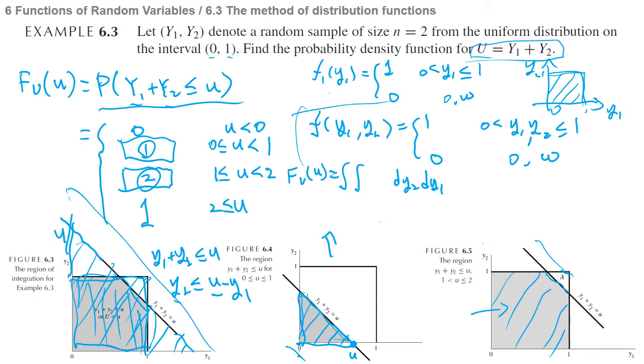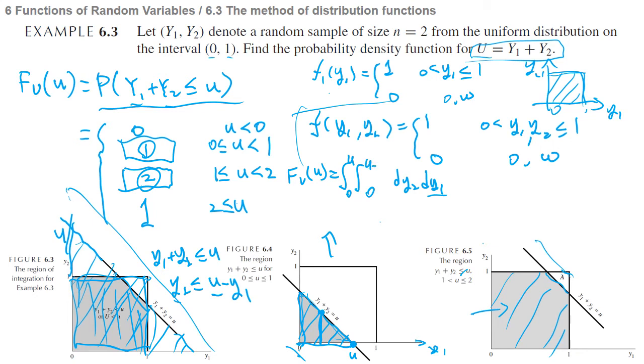This axis is y1, and when y1 is 0, y2 is u, so y1 is from 0 to u, and y2 is from 0 to u minus y1.